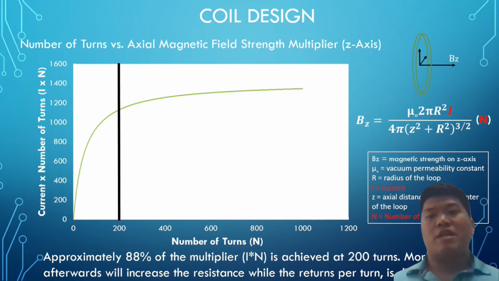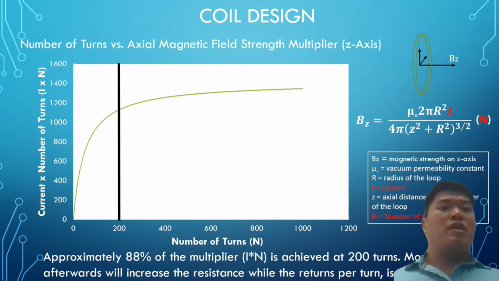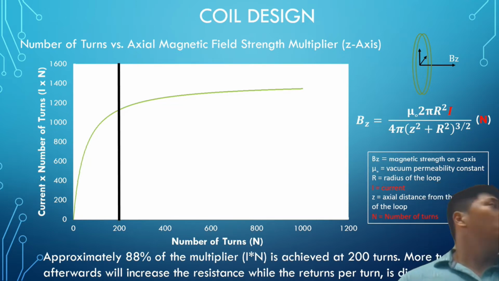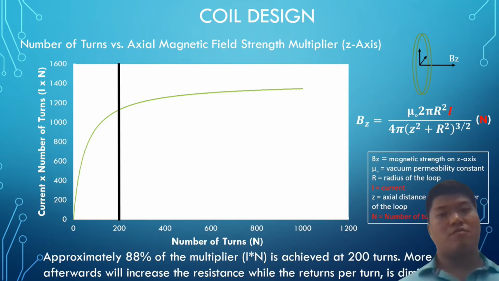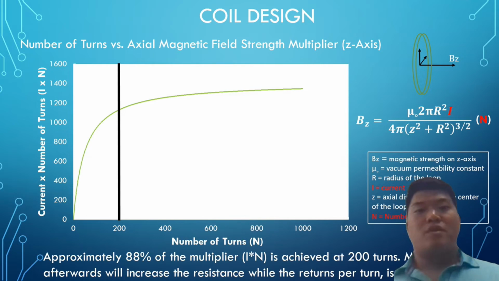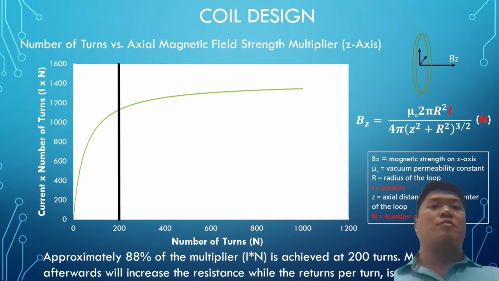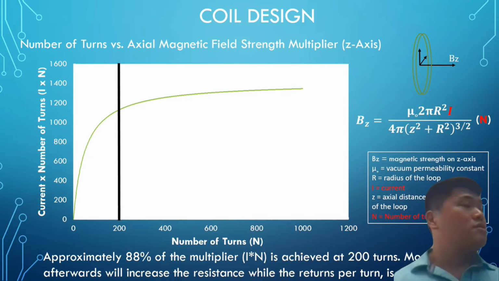So what I did is I multiplied this equation by the number of turns around the coil. When you look at this equation with the set radius, which I set to 3.45 inches from the previous slide, your current and the number of turns is your axial magnetic field strength multiplier.